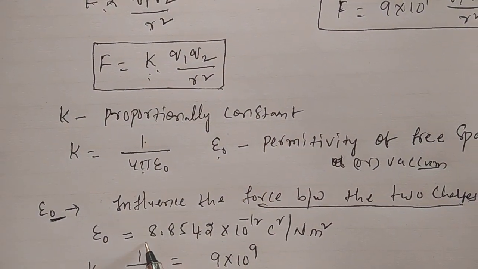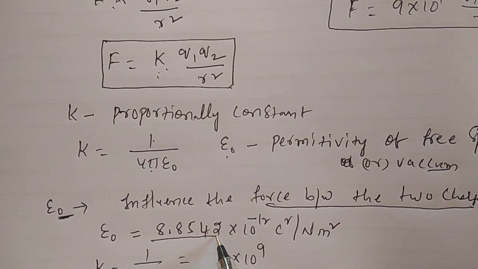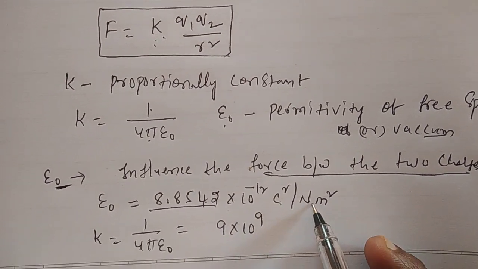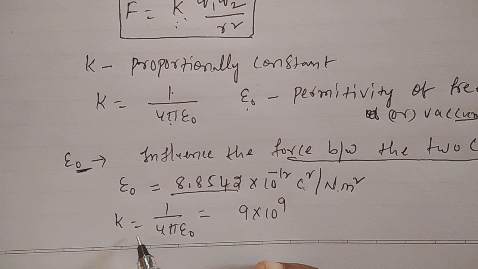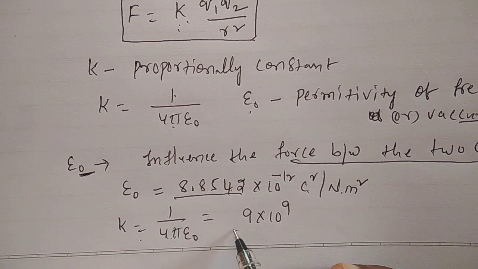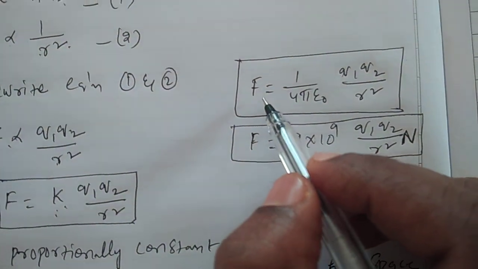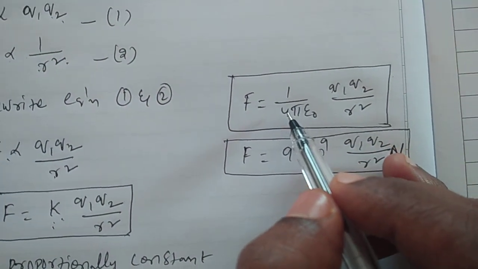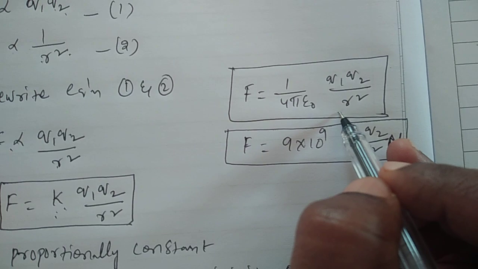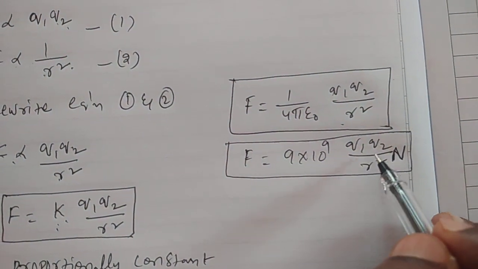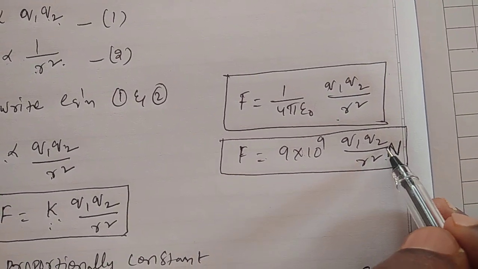The value of epsilon naught is constant, 8.8542 into 10 to the power minus 12 Coulomb square per Newton meter square. The value of k, 1 by 4 pi epsilon naught, is 9 into 10 to the power of 9. Finally we write the Coulomb force equation: F equals 1 by 4 pi epsilon naught q1 q2 by r square, where 1 by 4 pi epsilon naught is 9 into 10 to the power of 9. The unit of force is Newton.